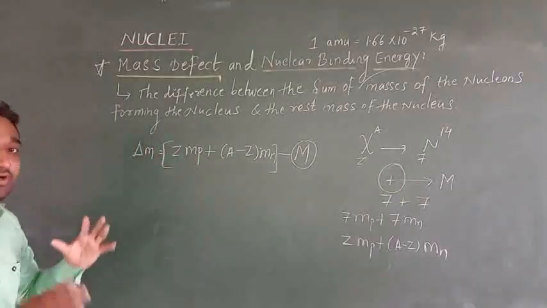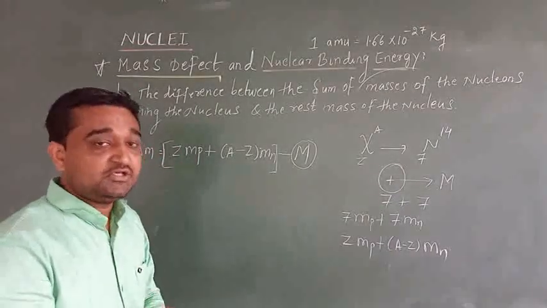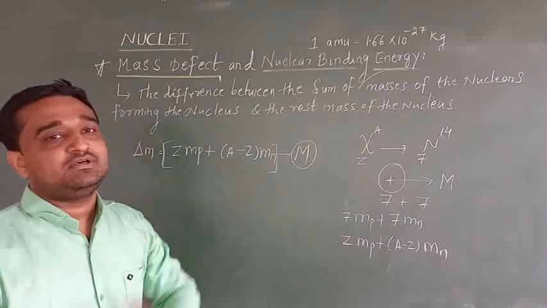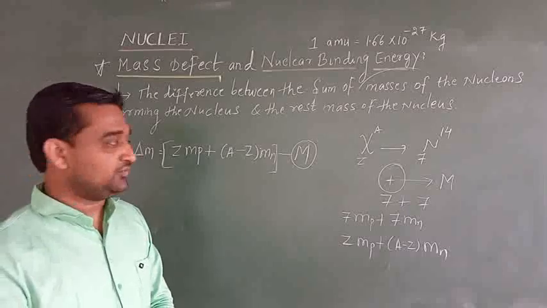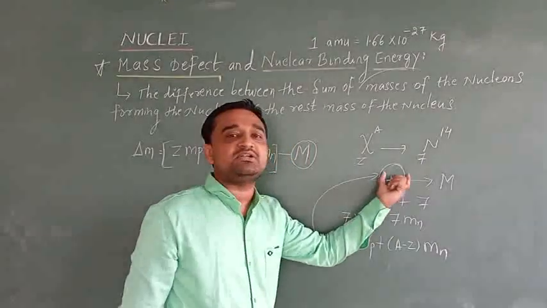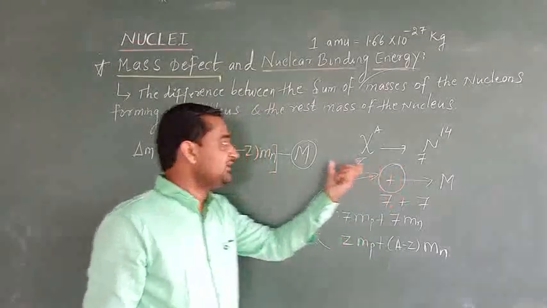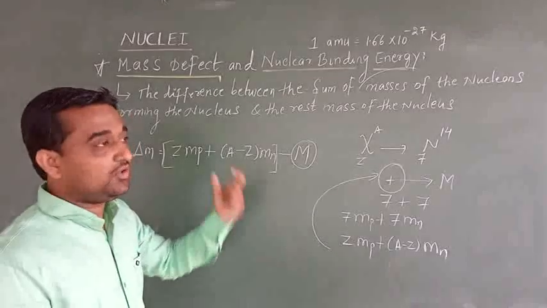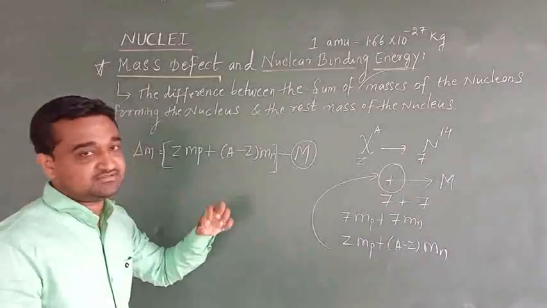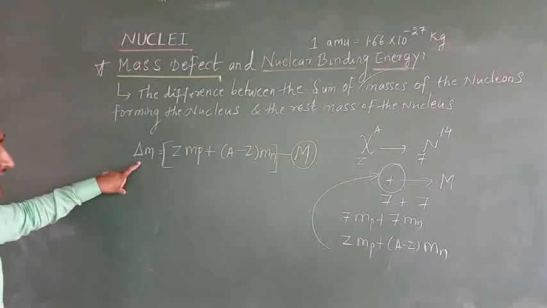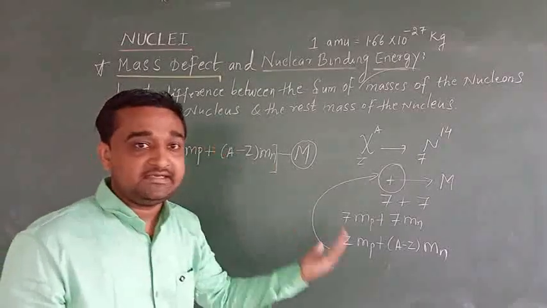So some amount of mass is lost during the formation of the nucleus from its constituent nucleons. For the nucleons to form the stable nucleus, some amount of mass loss occurs. That loss in mass, or missing mass, is called the mass defect. That is converted into energy.